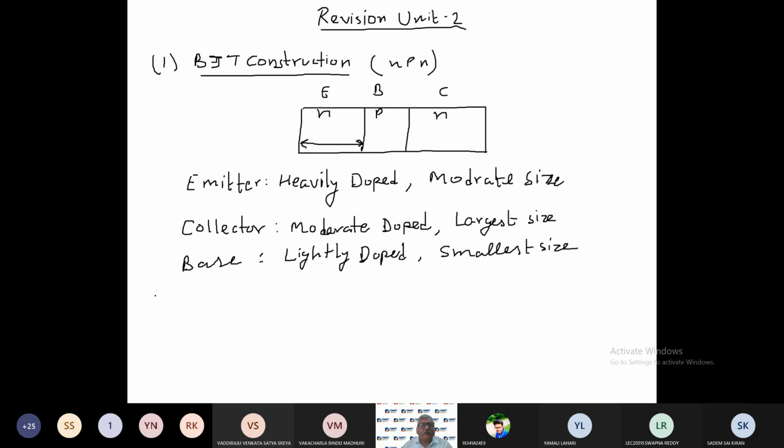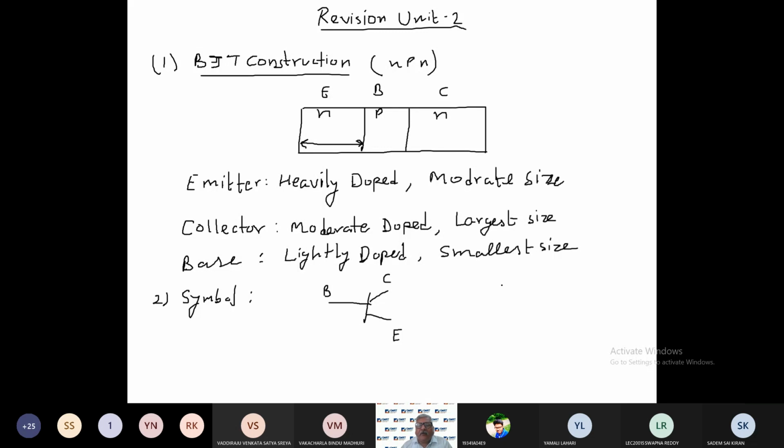Okay, then we come to the symbol. It is like this. Here this is base and one terminal is collector and one terminal is emitter. Now in the emitter terminal you have to show the direction of the current.